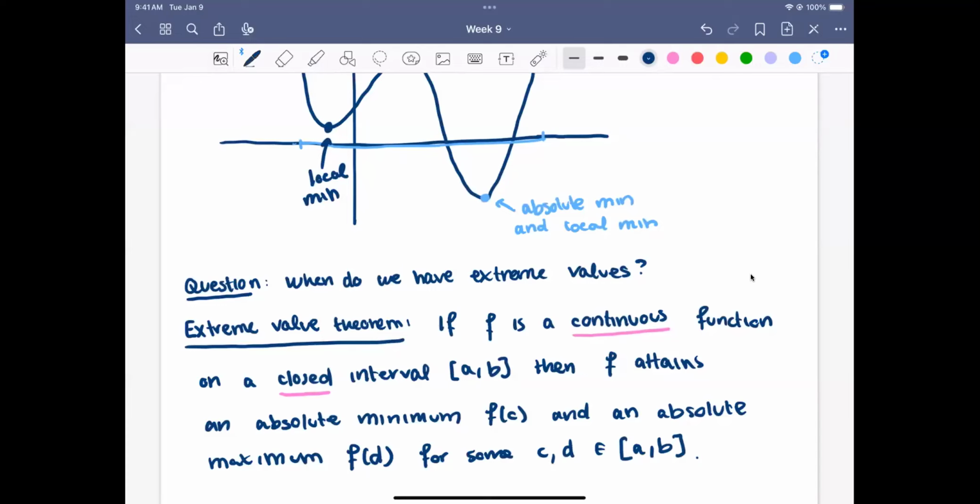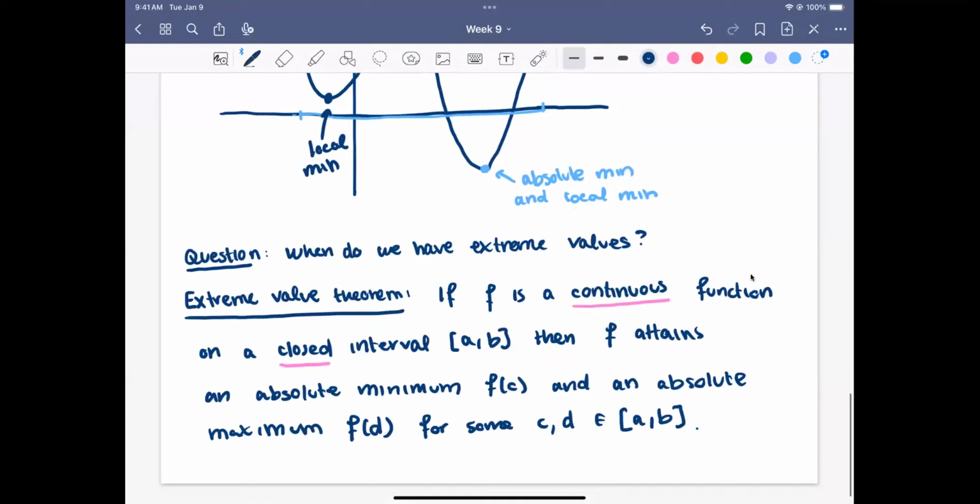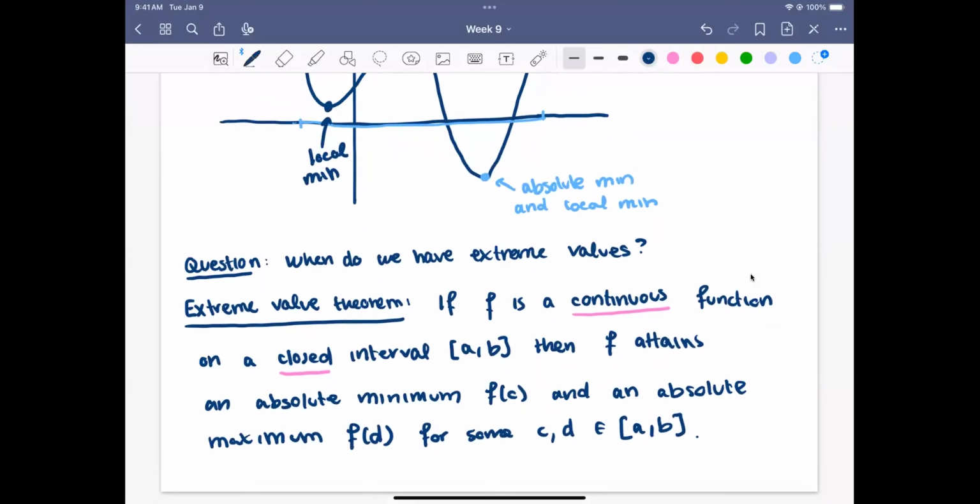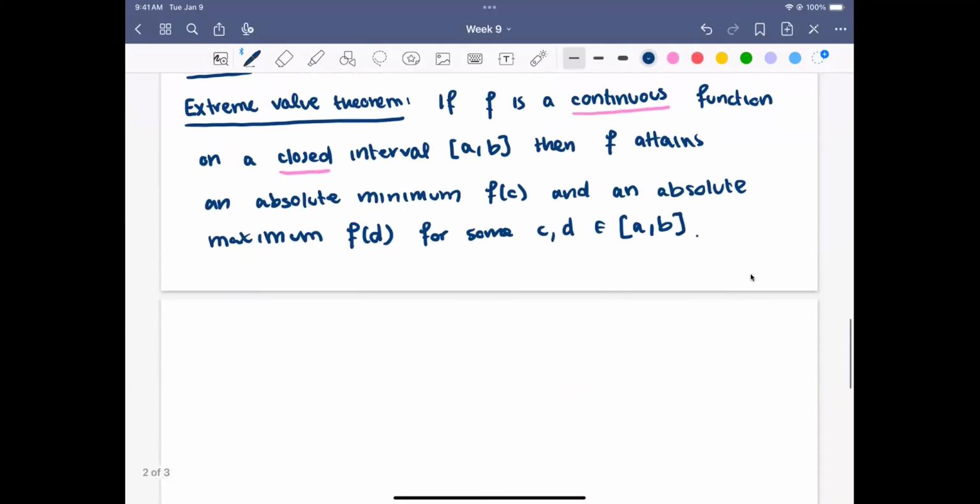Okay, so what I want you to do is the following. Here's an exercise. Try to make a counterexample to this statement.